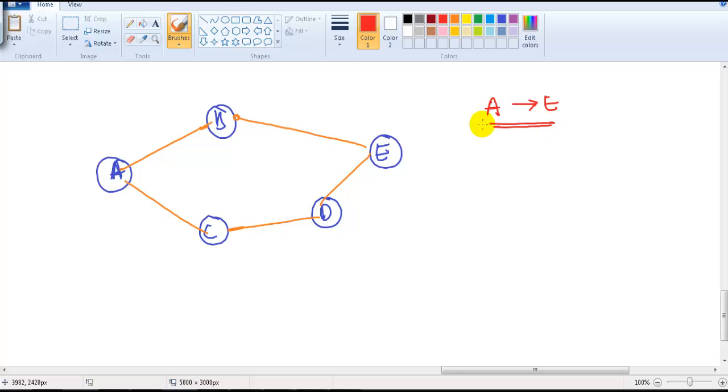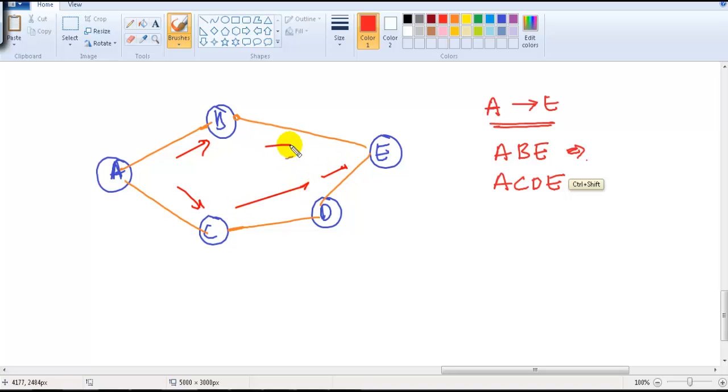If you want to go from A to E, there are 2 possible routes. Either I can go via A, B, E, or I can go via A, C, D, E. So there are 2 possible routes as you can see here. One is via this route and the other one is via this route.